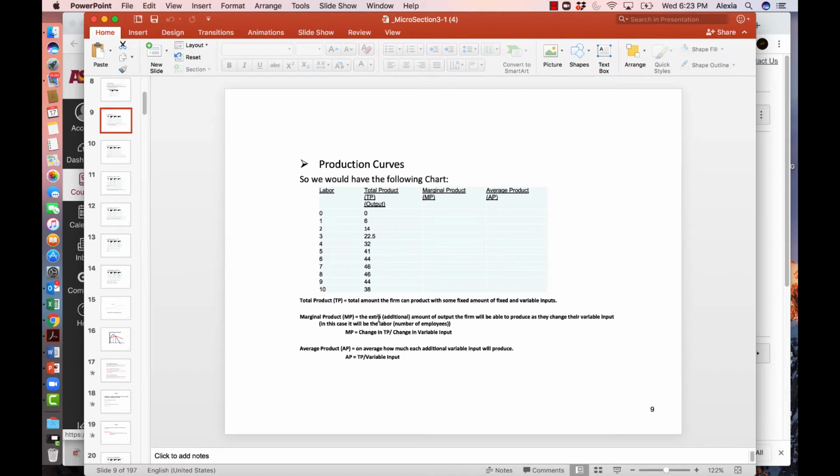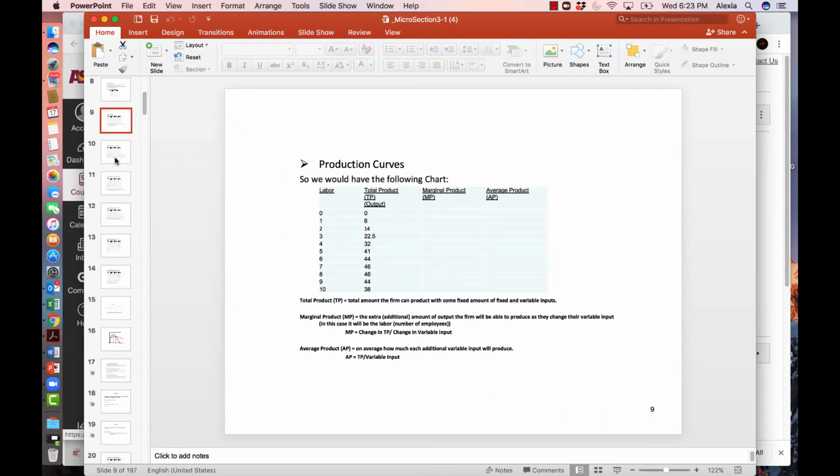The word marginal in microeconomics means extra or additional. So marginal product is telling us the extra output, or the change in our output, when we change the amount of laborers working for us. And then our average is looking at what the average amount of output is that we get from some number of laborers, or variable input.